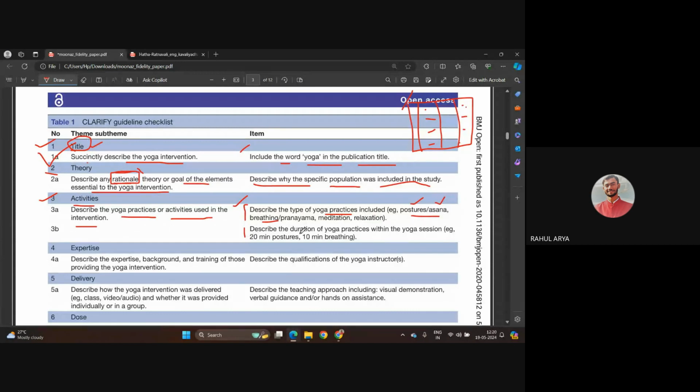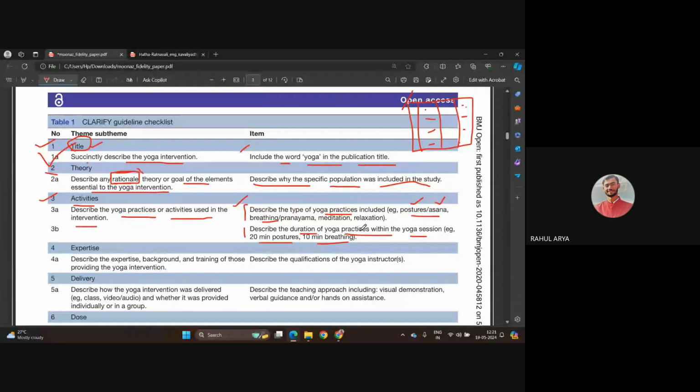Second point is the same: describe the duration of the yoga practice. The yoga sessions, for example prayer 1 minute, Sukshmavyayama 10 minutes, whatever is in your module, each and every practice, you will clearly justify that this period of time the students or population did the practice.